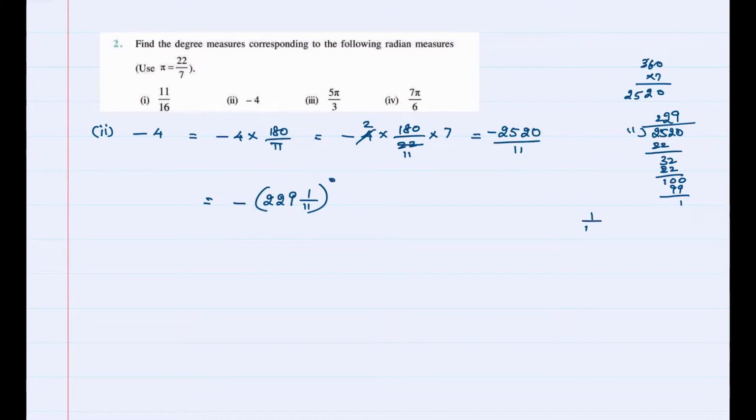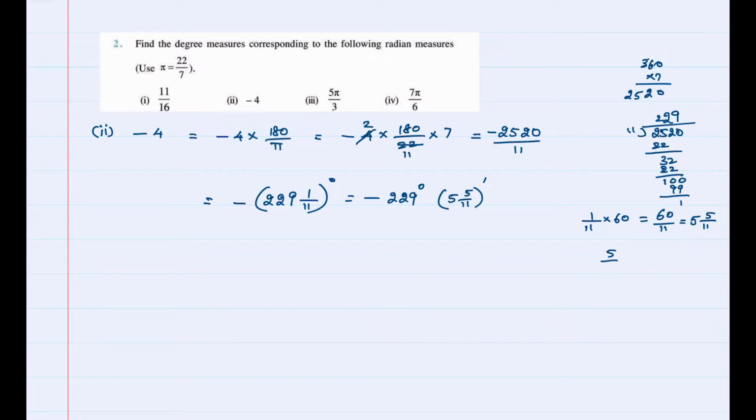Now, to convert 1 by 11 degrees into minutes, we will multiply by 60. 60 upon 11 is 5 11s are 55 and 5 by 11. So, negative 229 degrees, 5 by 11 minutes.